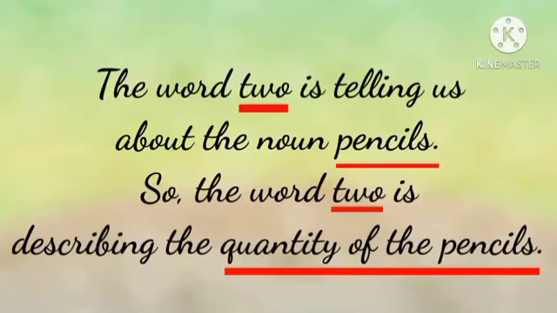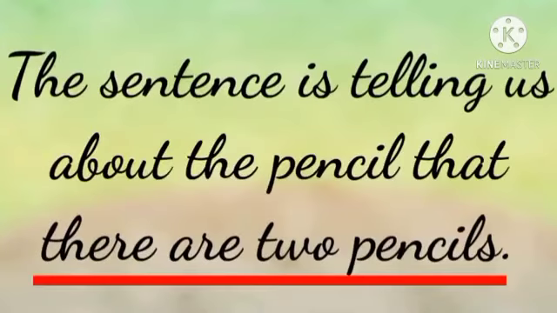So, the word two is describing the quantity of the pencils. So the sentence is telling us about the pencils, that there are two pencils.